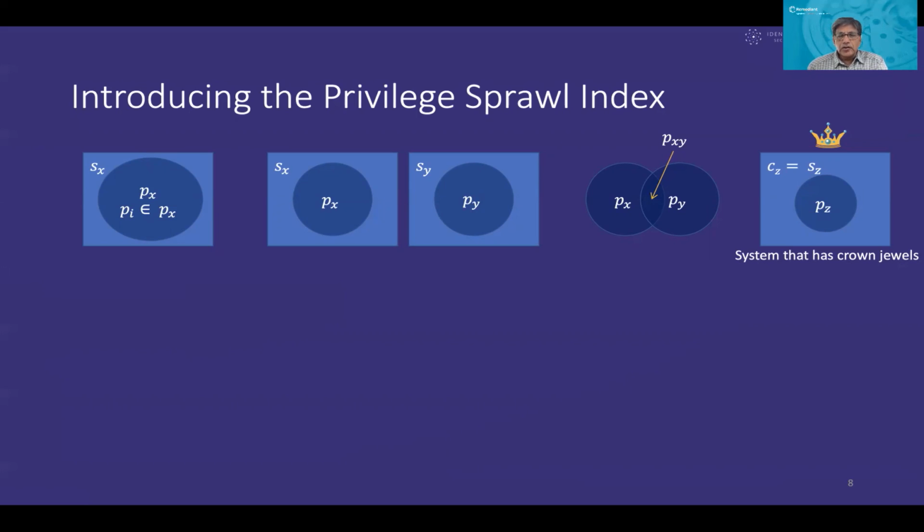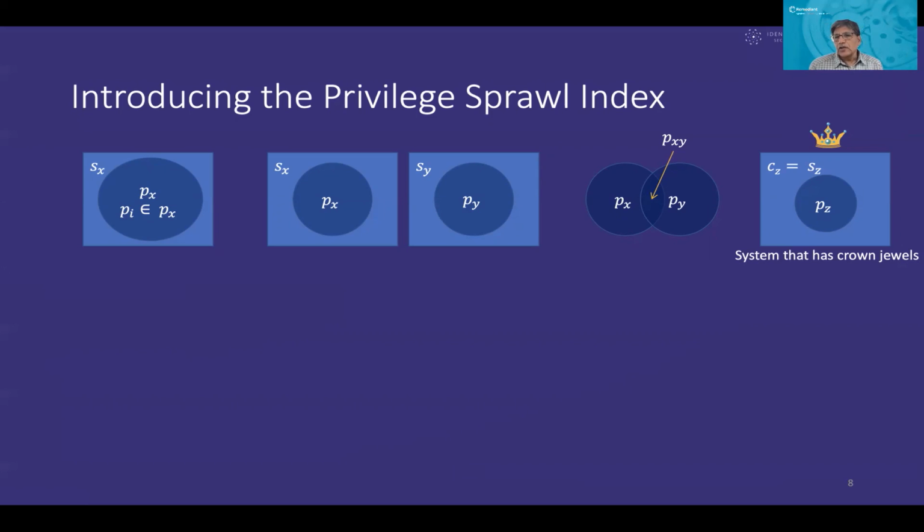Further to the right, PX is a set in SX, PY is a set in SY, and so on, right? And when you look at the intersecting set, let's say there are privilege accounts admin 1, 2, 3, 4 on the first system, and admin 2, 3, 4, 5 on the second system. Then there is that intersecting set between the two, which we call PXY, right?